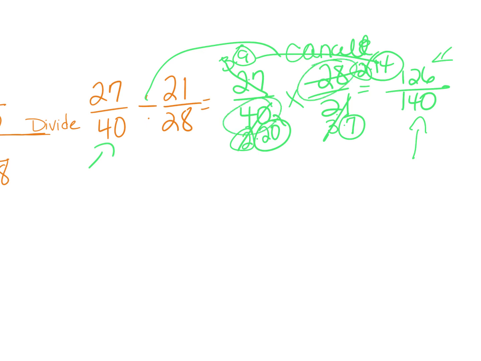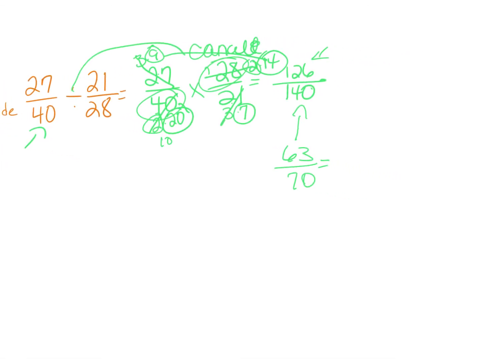Which would give you 10 and 7. Which when you did that, this is going to reduce to 63 over 70, and then that will reduce further down to 9 over 10, and that is your answer.